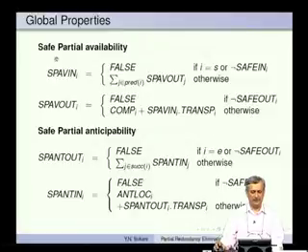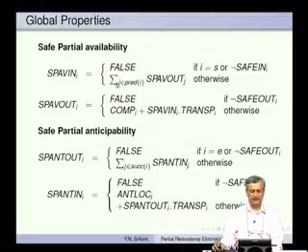Now, we have a safe partial availability SPAVIN of I. This is false if I equal to S, of course, the starting point as before in the case of AVIN, or if the input point of I is not safe. Because we also have safety as another parameter, I equal to S or not of SAFEIN of I. In both cases SPAVIN will be false.